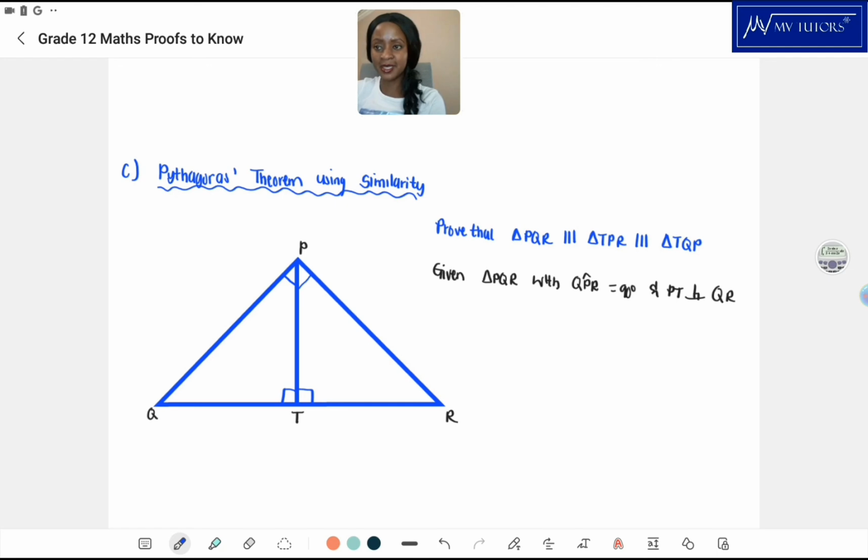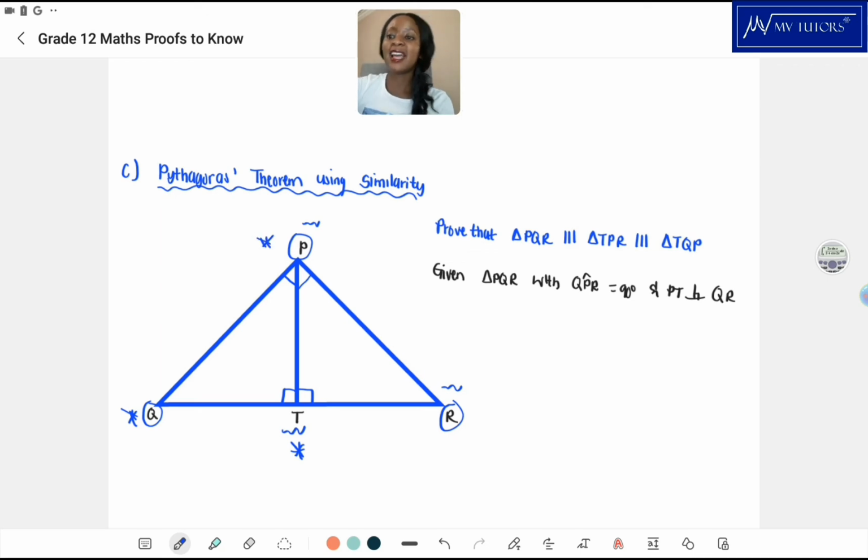Using similarity. So basically you want to show or prove that triangle PQR, that is the big triangle, is actually similar to triangle TPR, which is actually similar to triangle TQP.